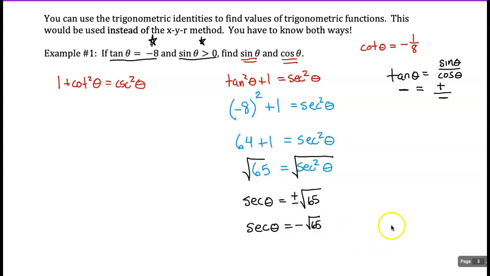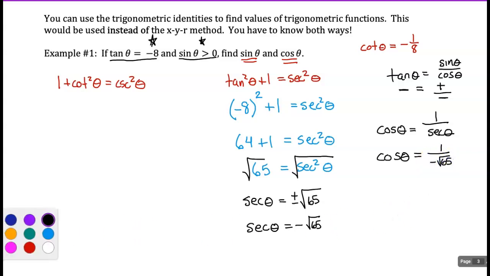I still don't have what they're asking me for, because they're asking for sine and cosine. But if secant is negative root 65, I know that the cosine of an angle is the reciprocal of secant. So I can just say that the cosine is 1 over negative root 65. And then I have to rationalize that.